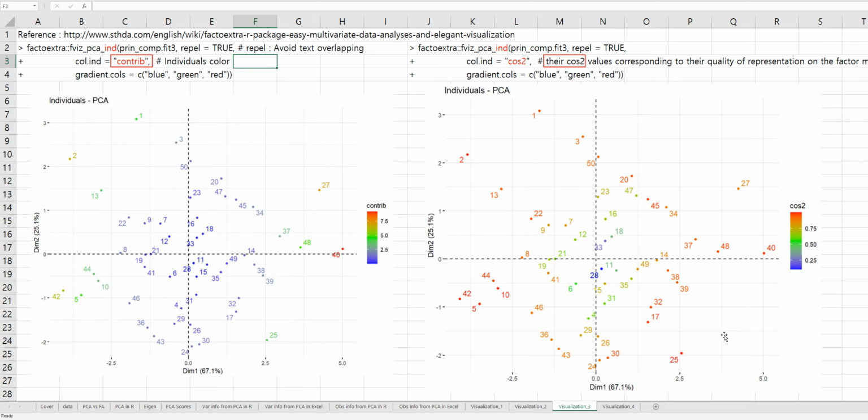And the last one, I drew this graph based on cosine. Then we can see also this kind of graph. If it has a higher cosine, then it will be located in the outside of the graph. If cosine is relatively small, then it will be located in the middle of the graph.